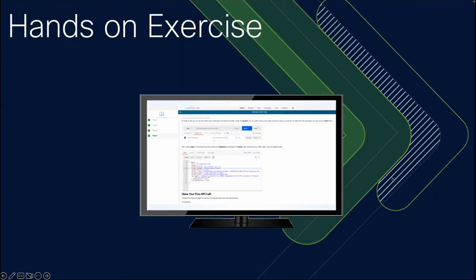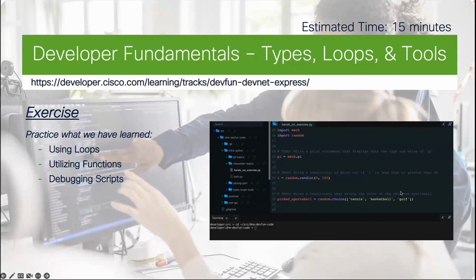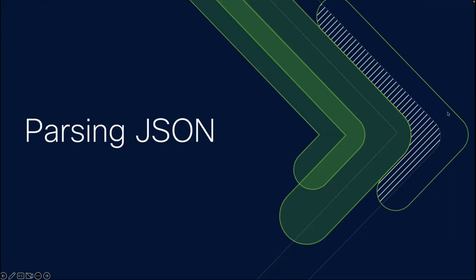And at this point, we would go into the exercise where the students would work with those variable types, loops, and tools. That would be about 15 minutes. At this point, I would just refer to the exercise, and then I would continue to the parsing JSON section, and then I would let them do both labs, for the JSON section and for the loops section, together after completing the slides part.